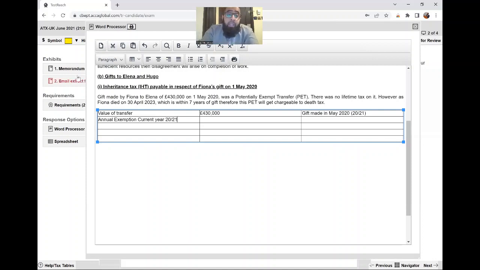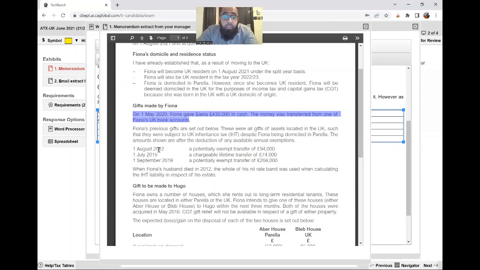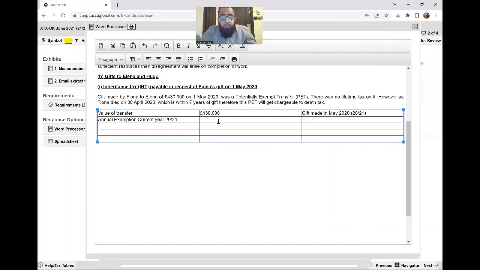Let's look at other gifts to see whether the annual exemption is available or not. The other gifts were in 2012, July 2015, and September 2019. September 2019 means 2019/20. So the 2019/20 annual exemption is used against the other gift, but 2020/21 is available.